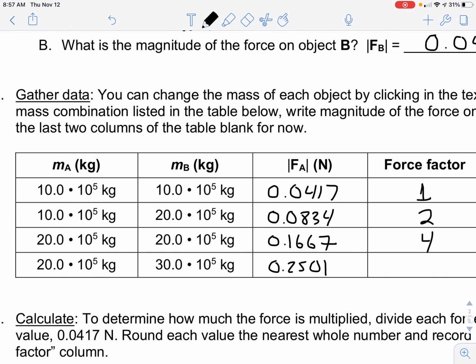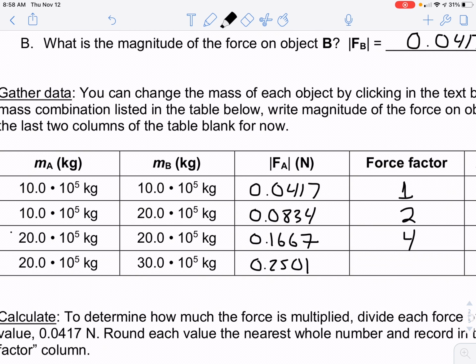Now, hopefully this is starting to make a little more sense. If I double the first mass, my force factor doubled. If I double both masses, well, what is that? It's double times double. What is 2 times 2? Oh yeah, it's 4 times bigger. In the last one, we doubled the first mass and tripled the second one.